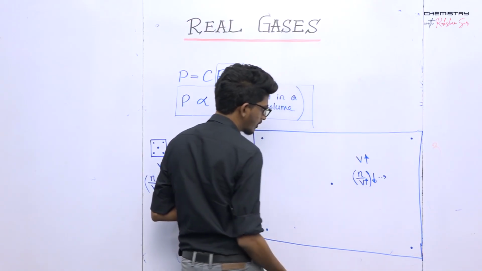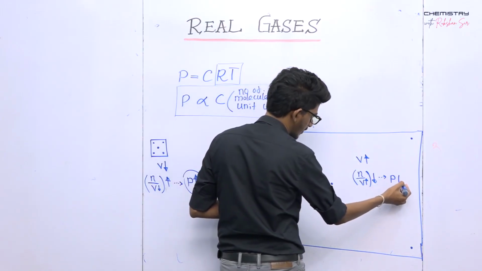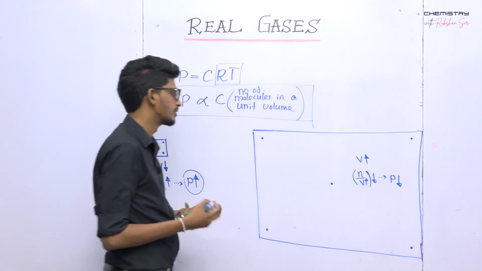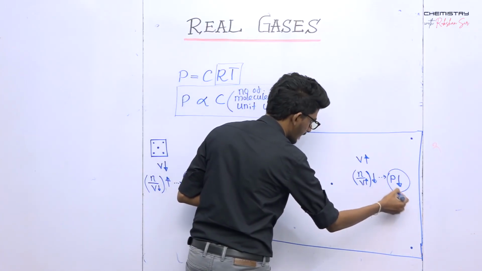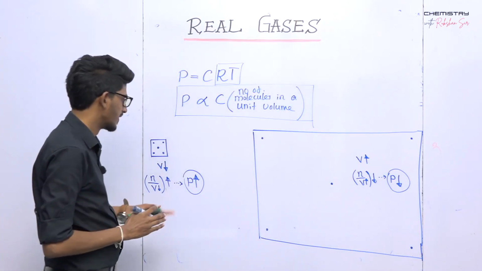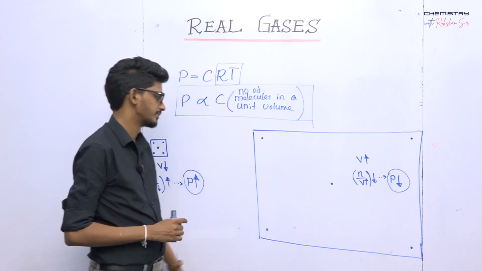That means concentration is very low, so pressure is very low. Let's compare these two systems: a system with very high pressure and a system with very low pressure.